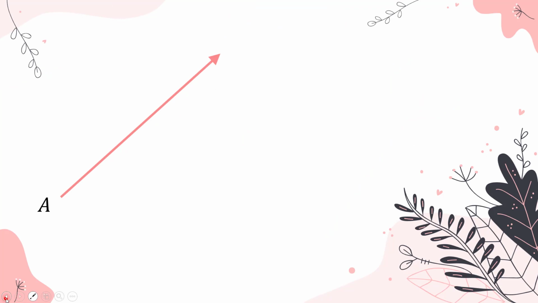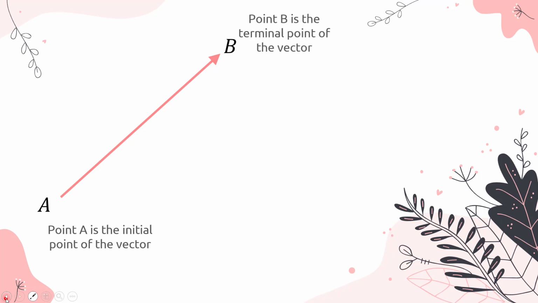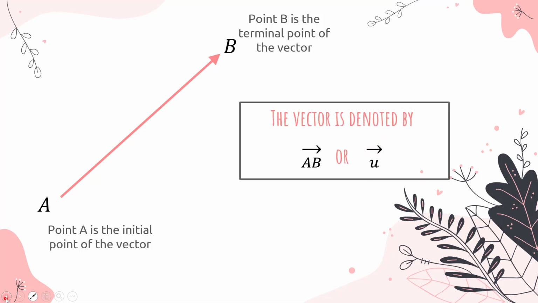If you have vector AB, A will be the initial point of the vector, and here B is the terminal point of the vector. Usually, this vector is denoted by AB or u, using two capital letters AB and an arrow above these two letters, or if you want to use one letter, you use a small letter with an arrow above it.